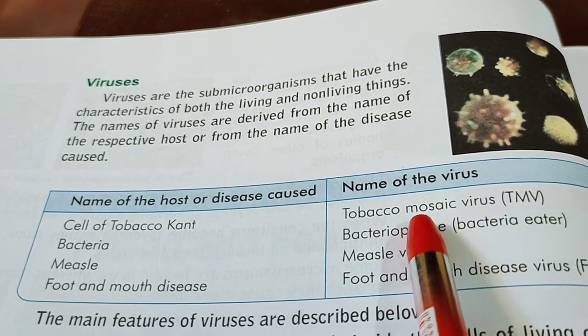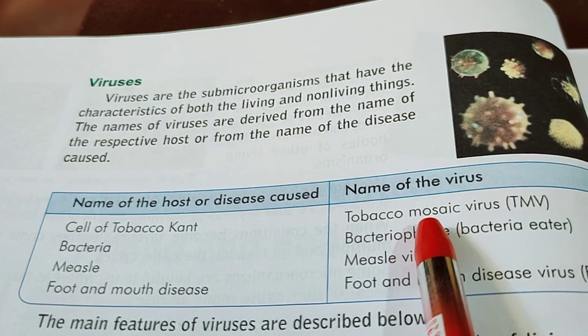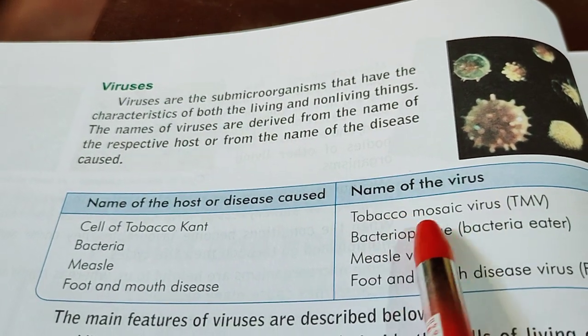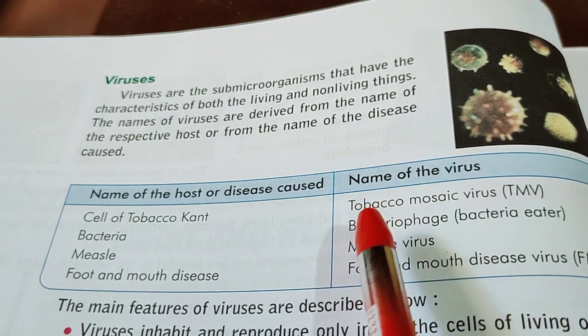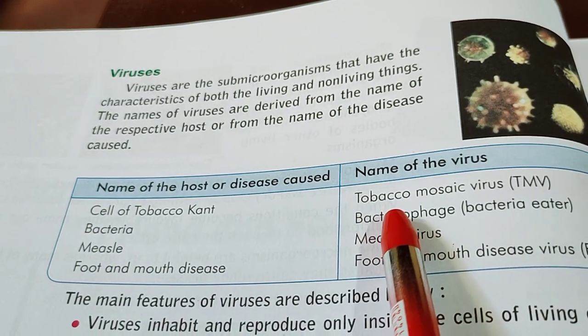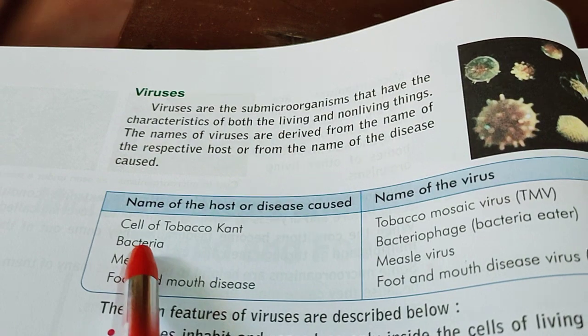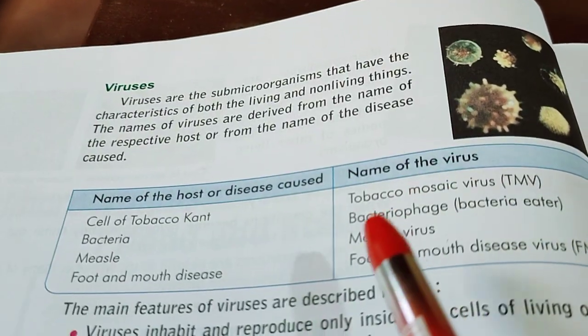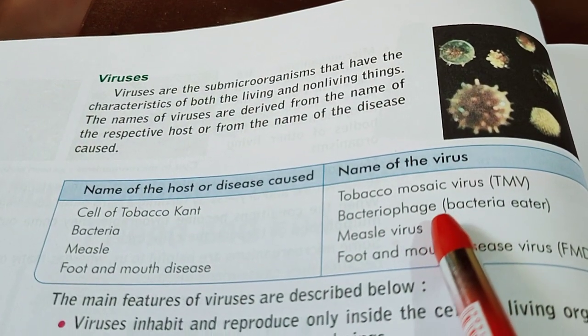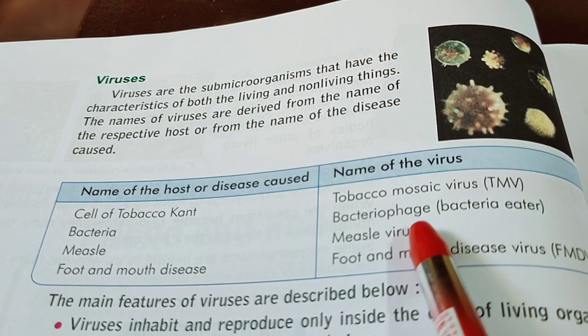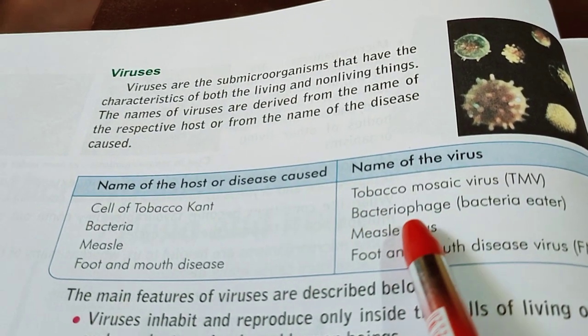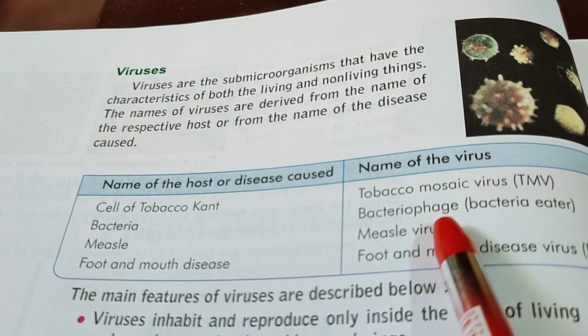It causes a disease in which a mosaic pattern is formed in the leaves of tobacco plant. Next, host is bacteria. Name of the virus, bacteriophage, also known as phage virus.